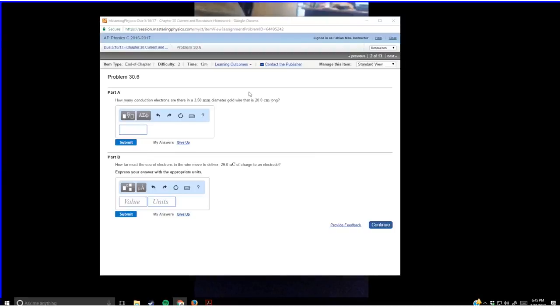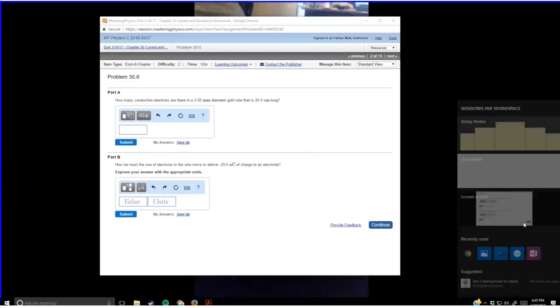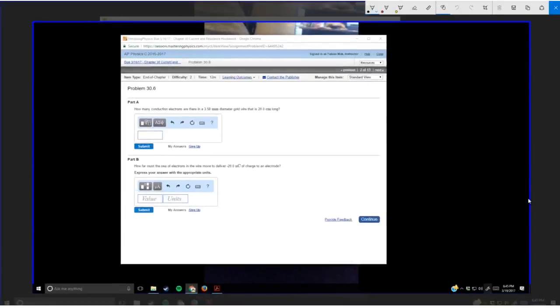Here, I'll do this. So if little n is that density, and we're looking at gold, that density is 5.9 times 10^28 electrons per cubic meter. Then big N is going to be the total number of conduction electrons that are in this space.